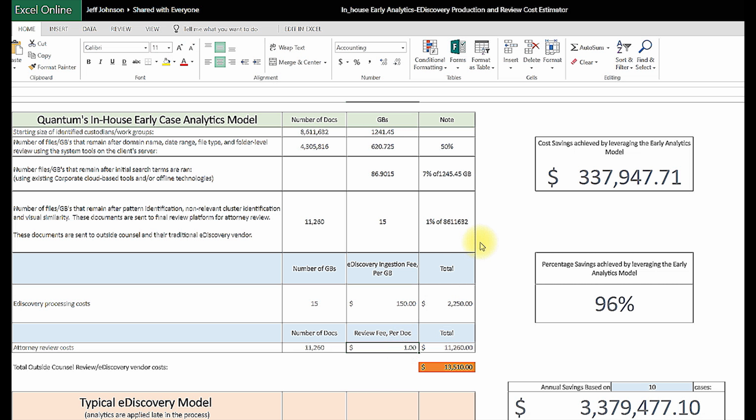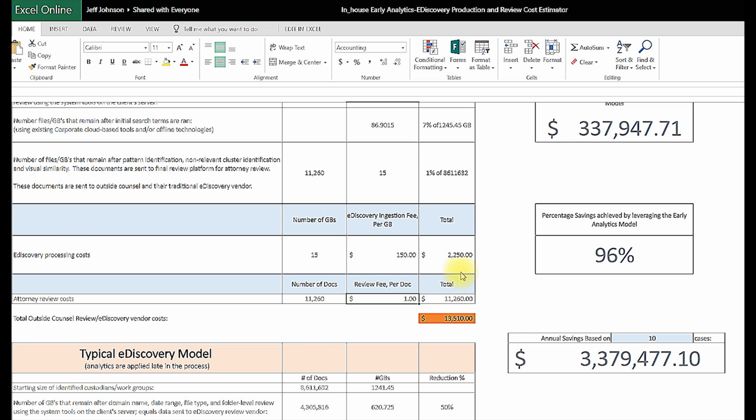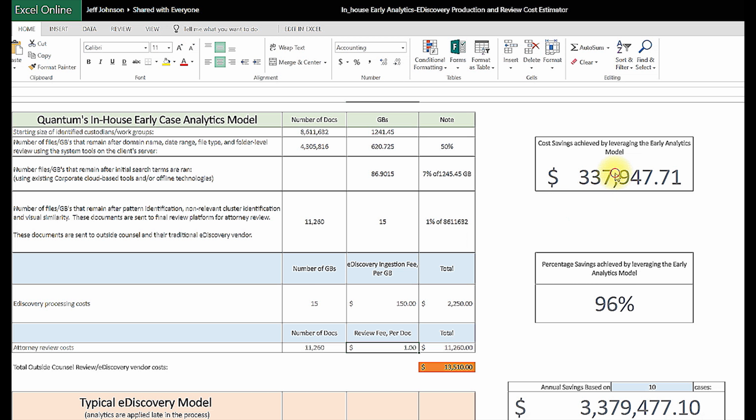So obviously, the more expensive attorney review is, the more expensive the overall process is going to be, and of course the cost savings are going to be more significant as well. So we'll just keep it at $1 a doc here. I know a lot of review companies charge that. And there we have it, $337,000 in savings if you use and leverage the early analytics model.